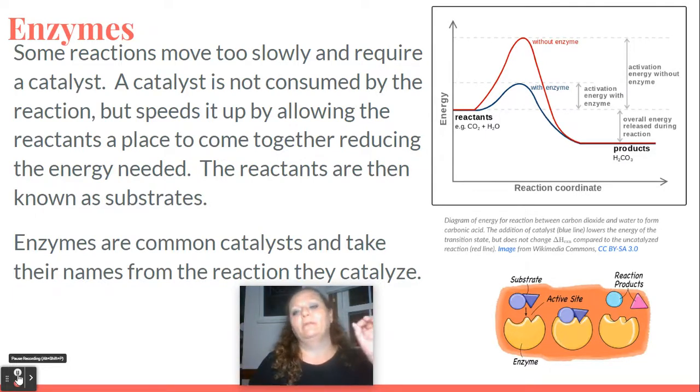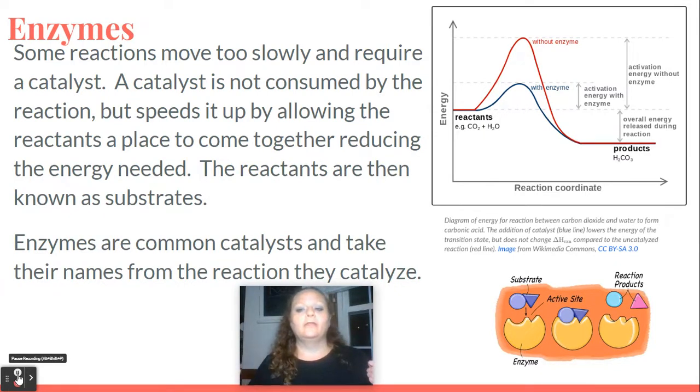But as you see by the red line, without an enzyme, it requires a ton of activation energy to get them started. Think of activation energy like if you are sitting at the top of a hill on a skateboard, right? As long as nothing happens, you're not moving. But if you get a little push, now you're flying down the hill, right?